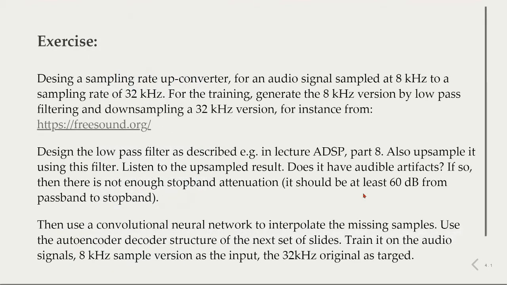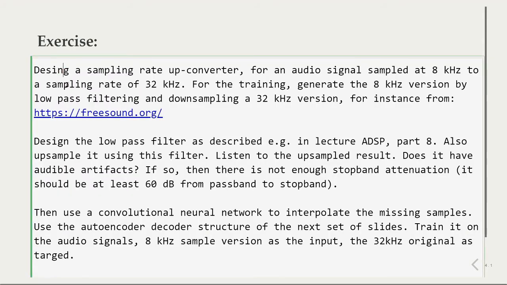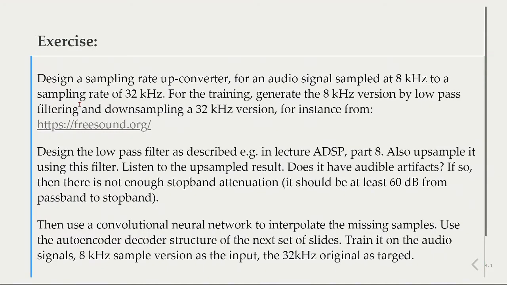To finalize this tutorial, I leave you an exercise, and this exercise is to design a sampling rate up converter for an audio signal sampled at 8 kHz to a sampling rate of 32 kHz. For the training, we will generate the 8 kHz version by using a low-pass filtering and downsampling a 32 kHz version.